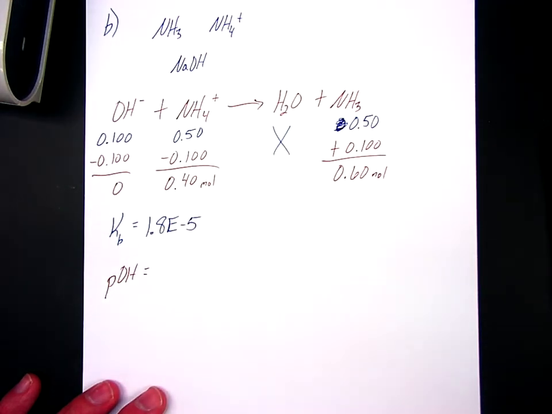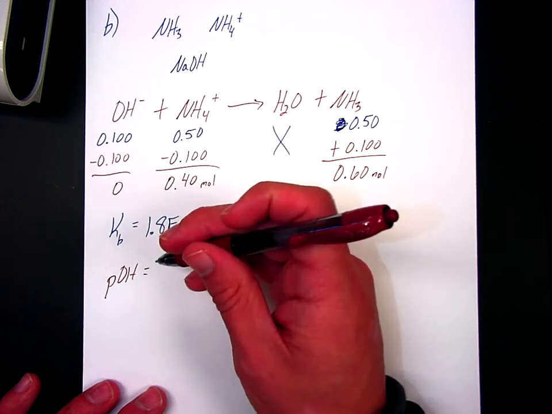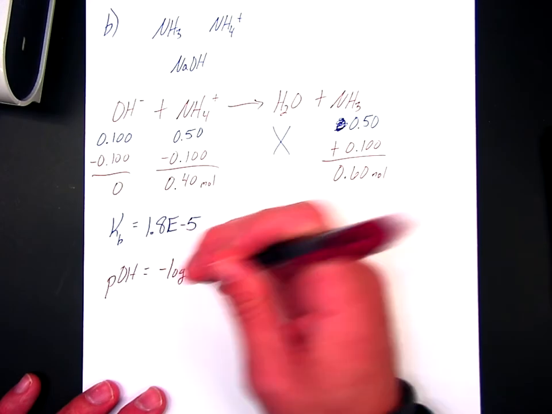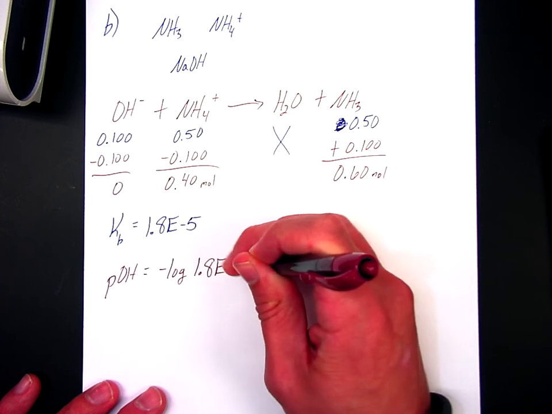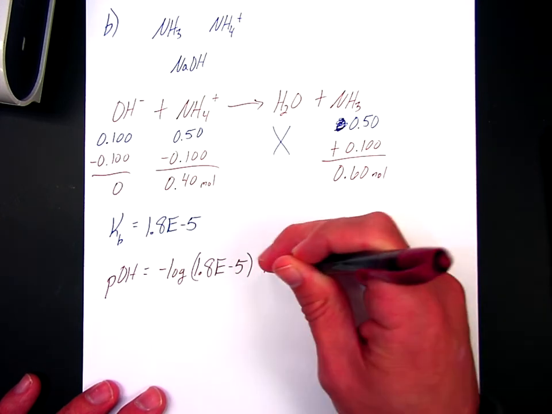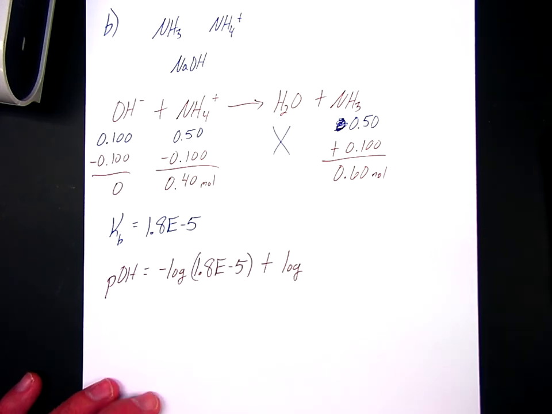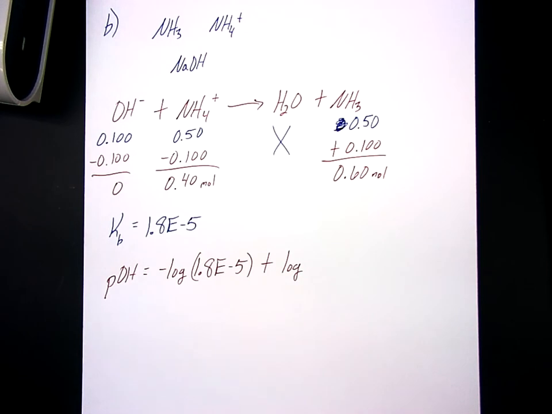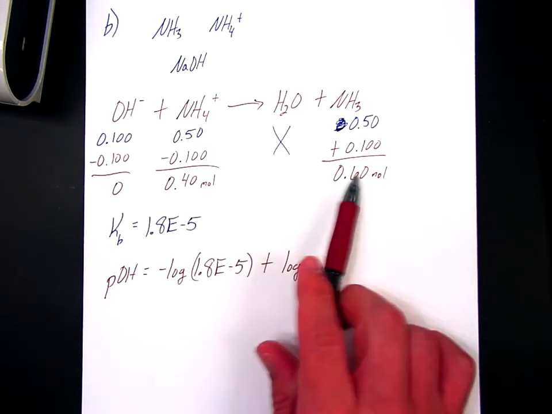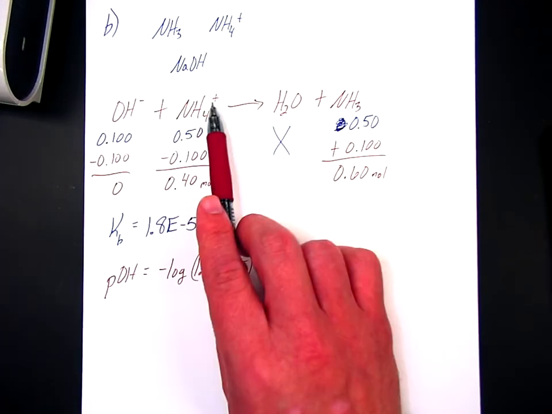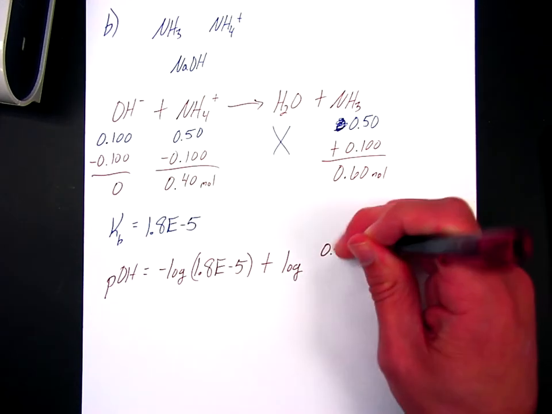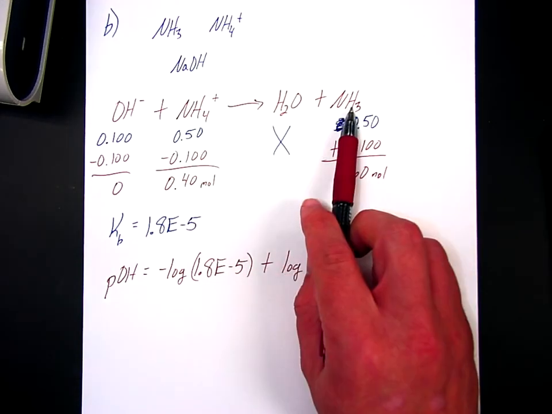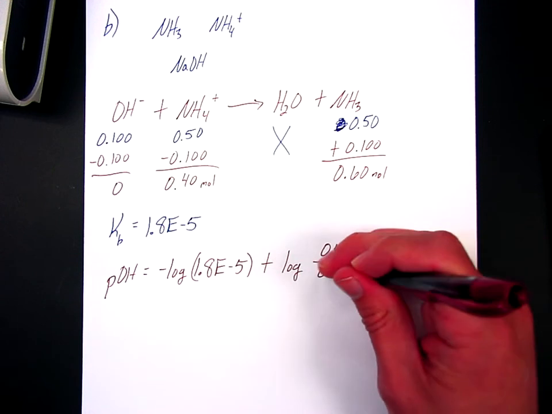And following your equation, you'll see that it's negative log of Kb plus the log of the ion over the species. So if you look here, you'll notice that the ion, the conjugate, is 0.4, while the weak species, the non-ion, is 0.6.